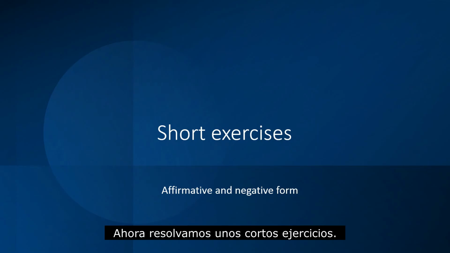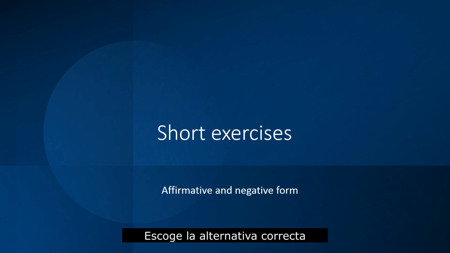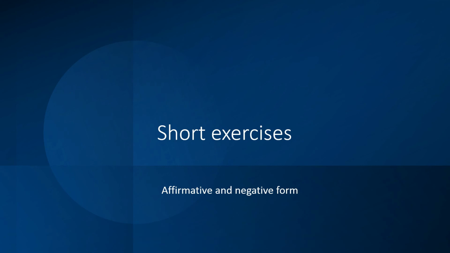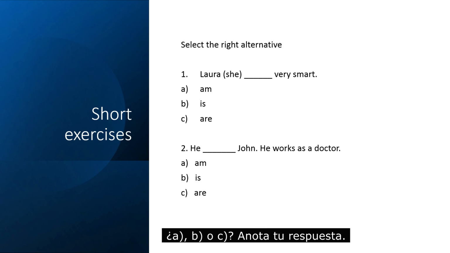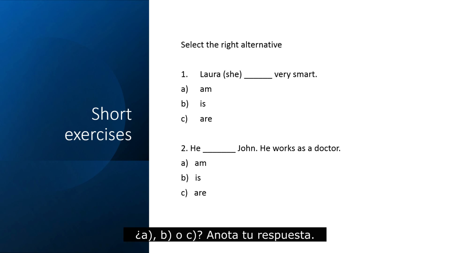Now let's do some short exercises. Choose the correct alternative. Number 1, Laura, blank, very smart. A, B, or C? Write down your answer. Number 2, he, John, he works as a doctor. A, B, or C? Write down your answer.